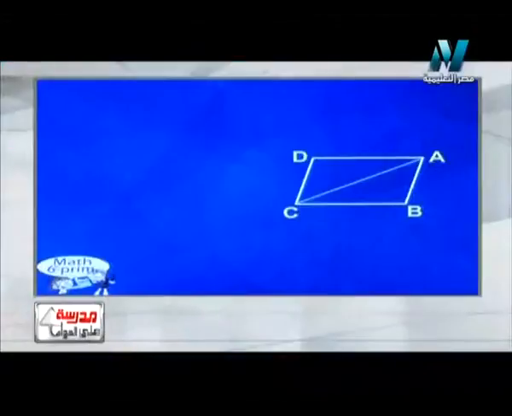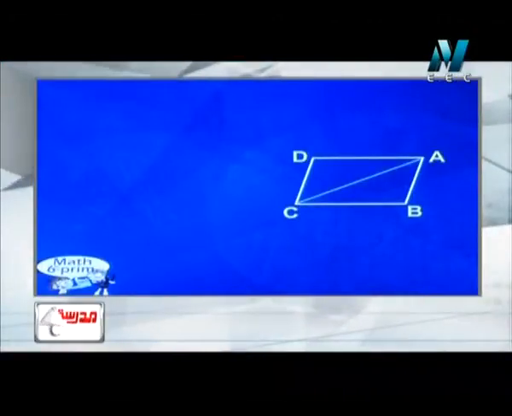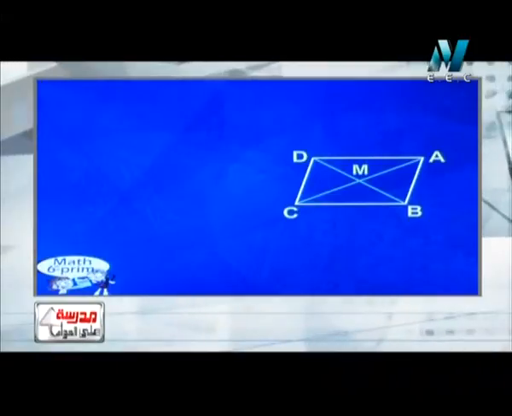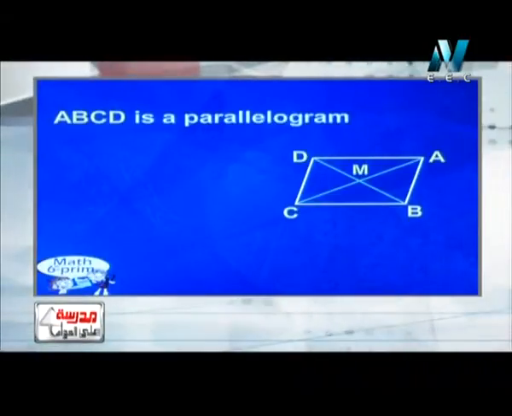Okay, we have another example, Mr. Yasser, related to the same subject. We have a parallelogram ABCD with diagonal AC and the other diagonal DB.